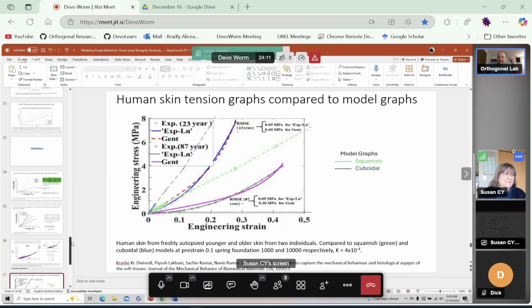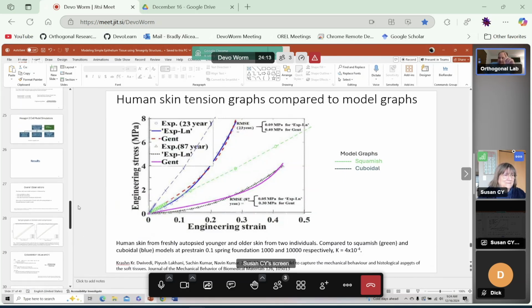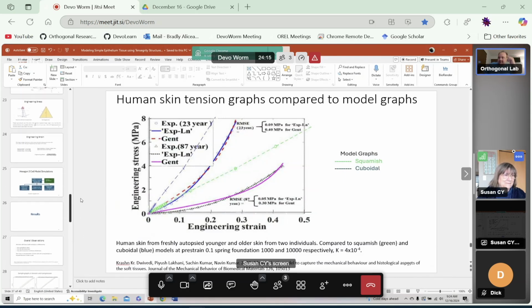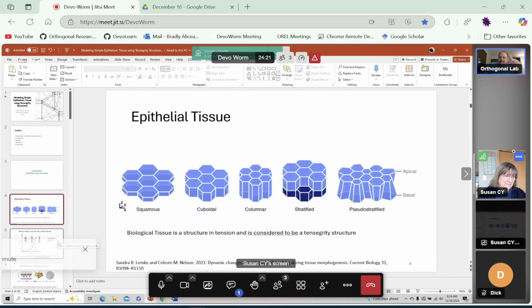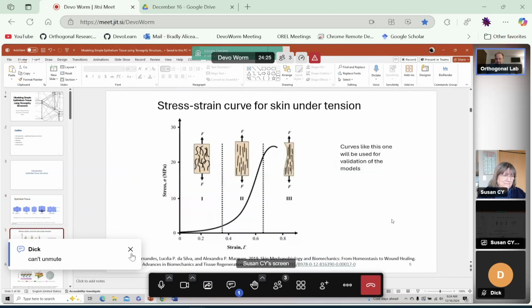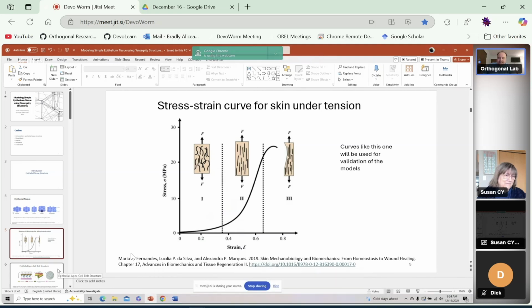So I guess one thing, when you go to the beginning of the talk and you start introducing, you talk about epithelial tissue, then you go down to the next one. That's a nice curve. You're showing the different types of tissues, and then you're showing damaged tissue, and then the curve drops off.